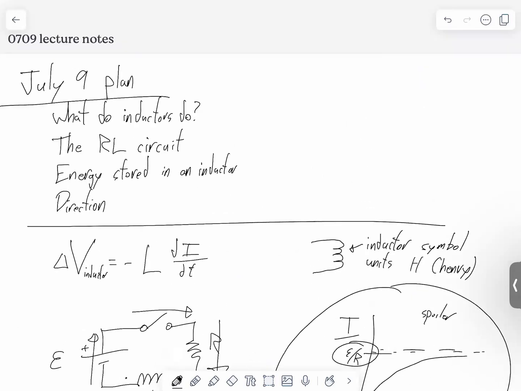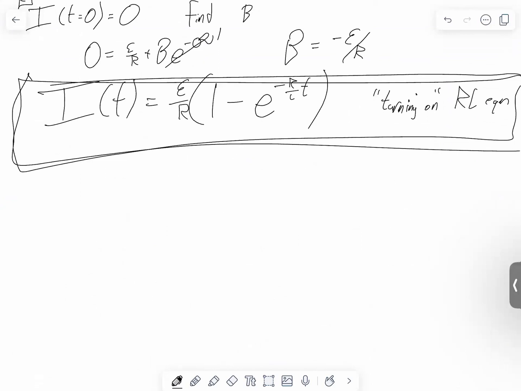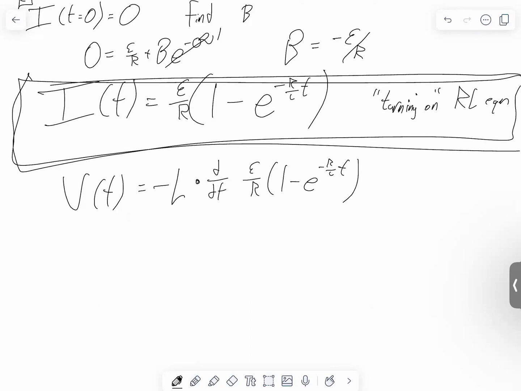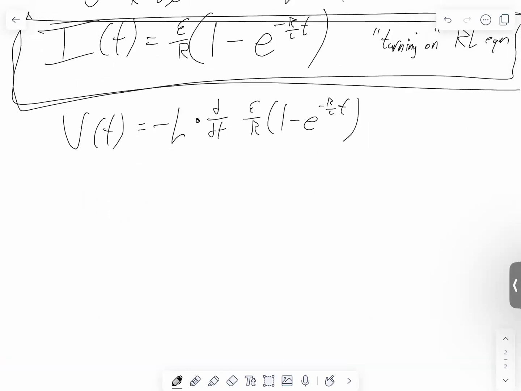This requires two steps, so let's do it step by step. If here's I, what's V? Negative L times d/dt of... what's this derivative?